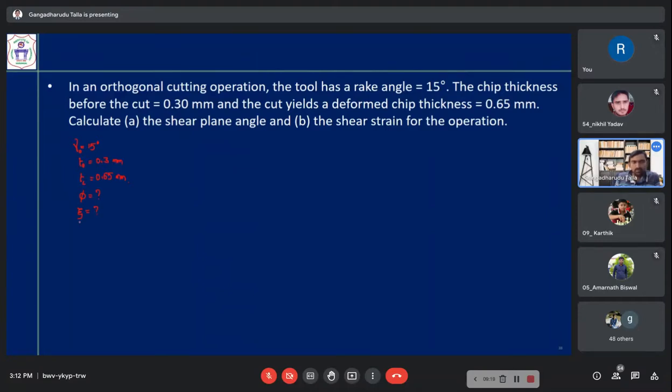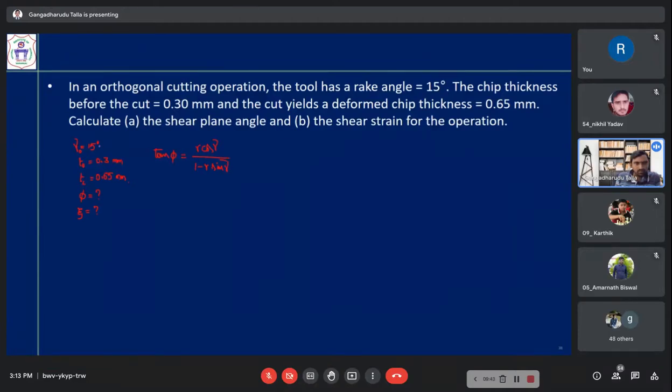Now if you want to find tan phi or phi, what is the formula we know? Tan phi is equal to r cos gamma divided by 1 minus r sin gamma.